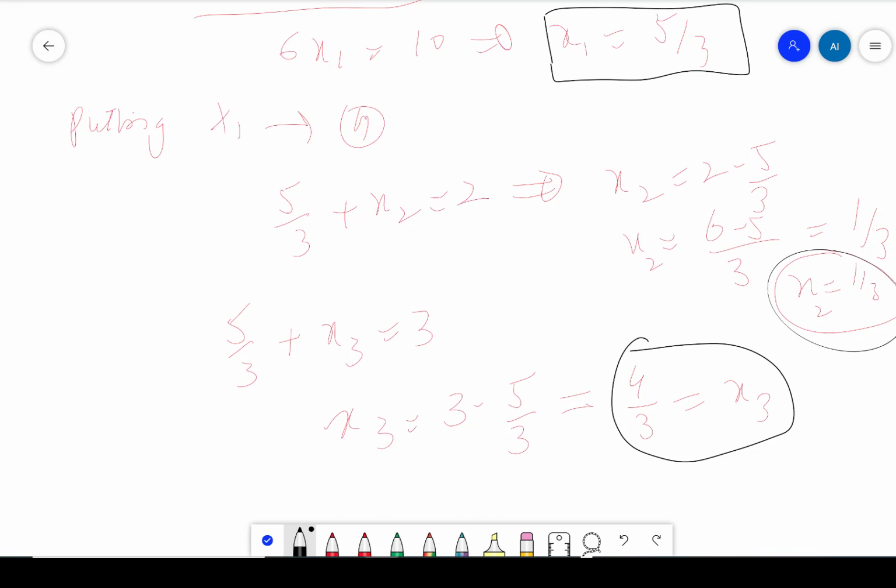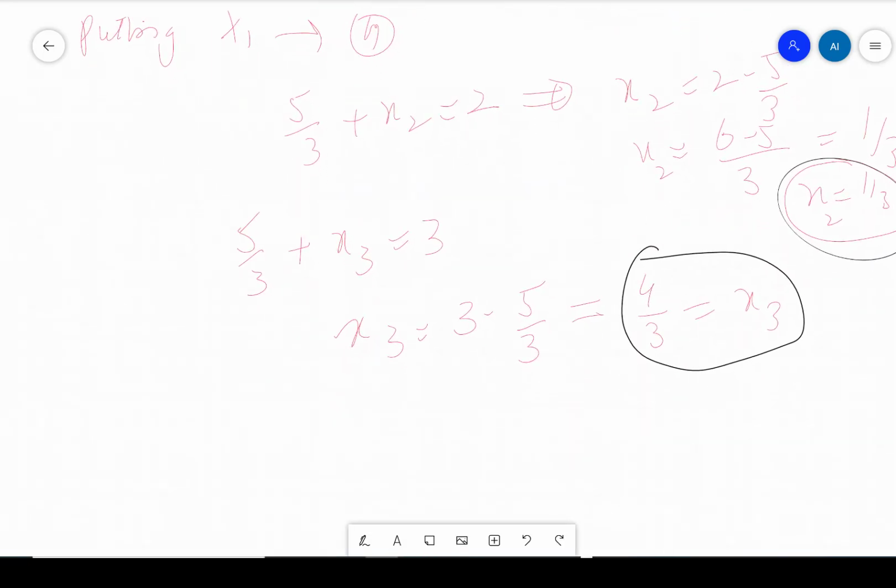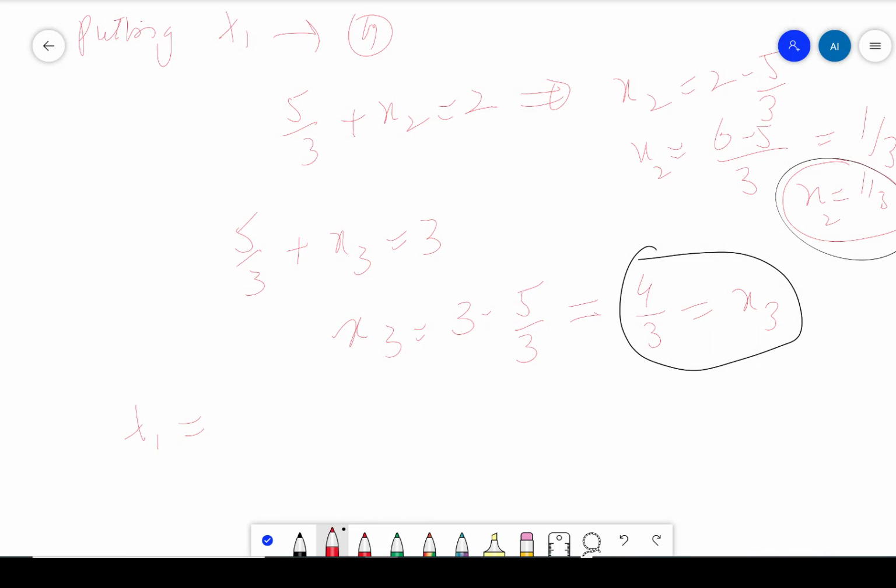Since lambda 1 is from equation number 6, we can say that lambda 1 is equal to minus 2x2. So minus 2 multiplied by the value of x2, 1 by 3, so lambda 1 is equal to minus 2 by 3.